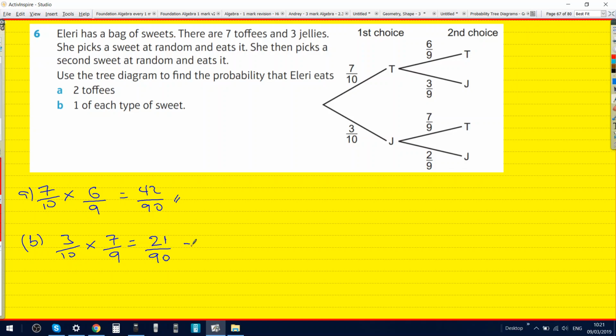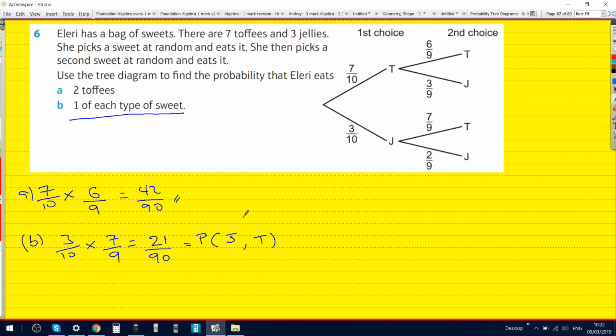That's the probability that you get a jelly and then a toffee. Oh yeah, so it'd be this. I thought it was on each type of sweet. Would you just do 3/10 times 2/9? No, you're correct, so one of each type of sweet. So that's a jelly and a toffee, that's one of each.